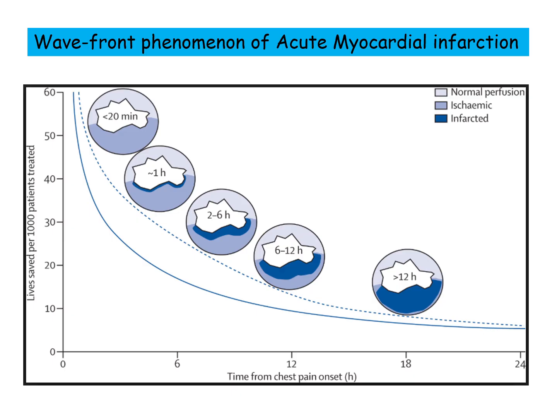If the artery is opened as early as 20 minutes, you have a much larger number of patients that are saved as compared to patients who are treated very late after 12 hours, where a substantial number of patients would have died because of the delay in their treatment.